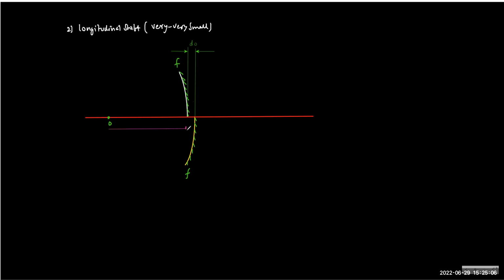So to solve such questions, what we do is we assume one mirror and two objects at a d naught separation. That's how we imagine. So again, you get two separate images, not just one image.